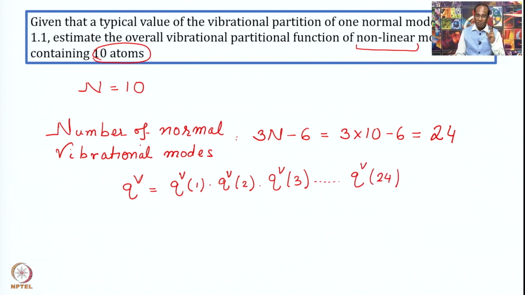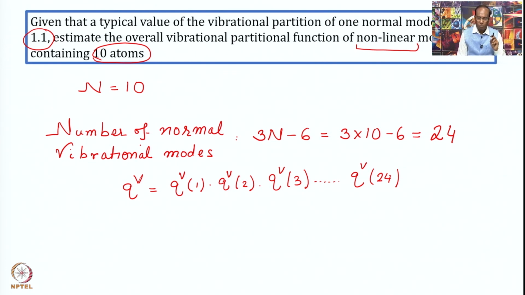Partition function is multiplicative. And if you look at the given information, the value of QV is about 1.1.